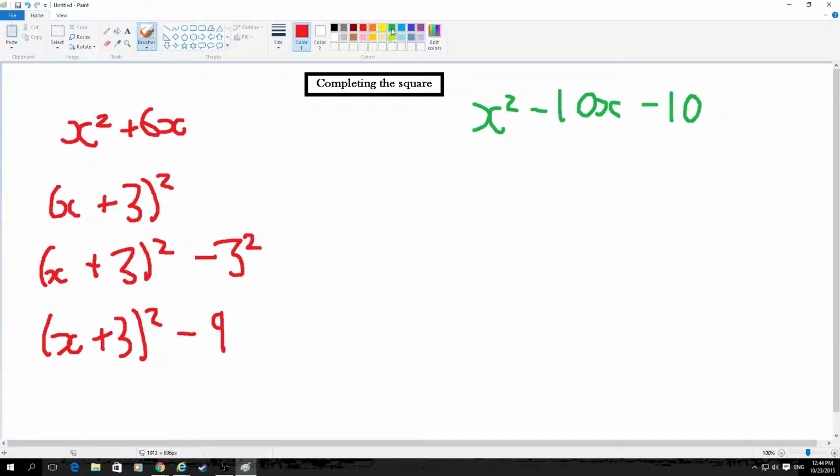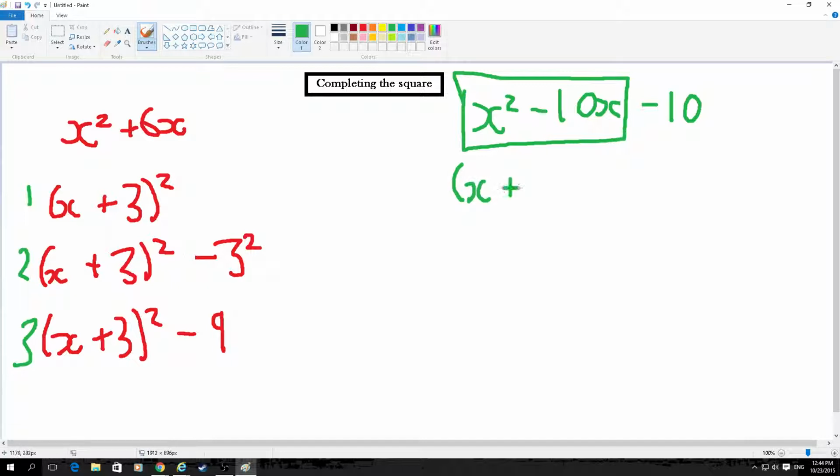Now I'm going to show you a longer one. It's the same for this one. These are the steps you use. You use this first, ignore the last one, that's for later. So x minus 5, I halved the x, minus 5, and then minus 5 squared.